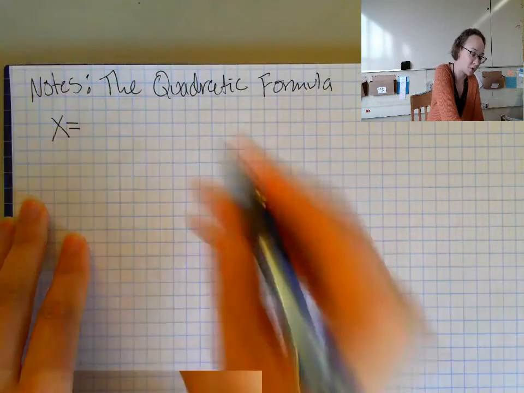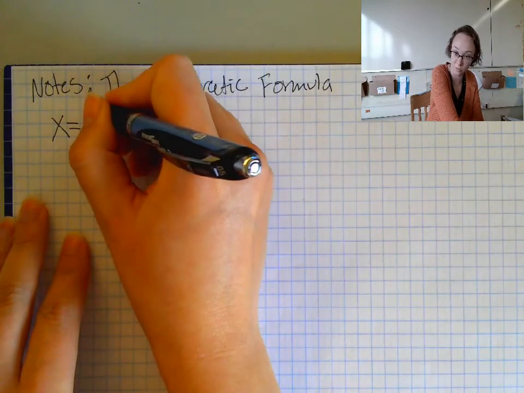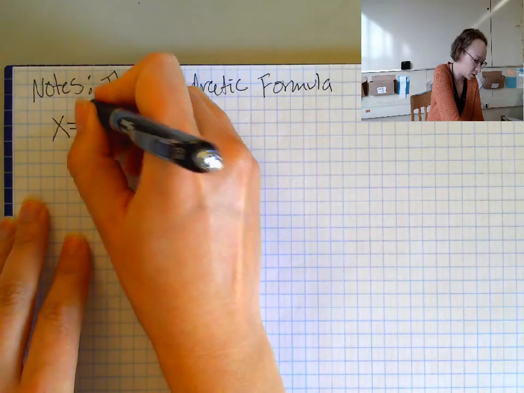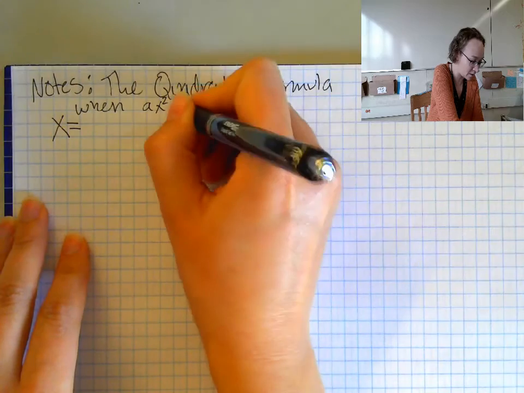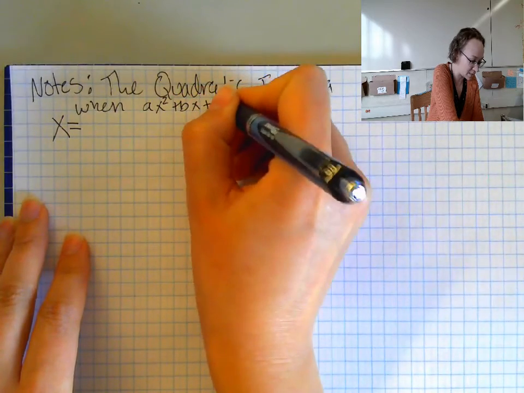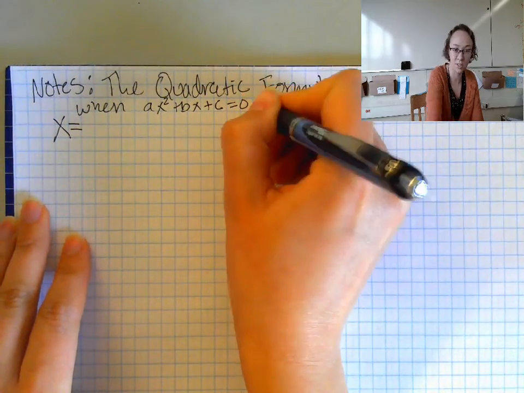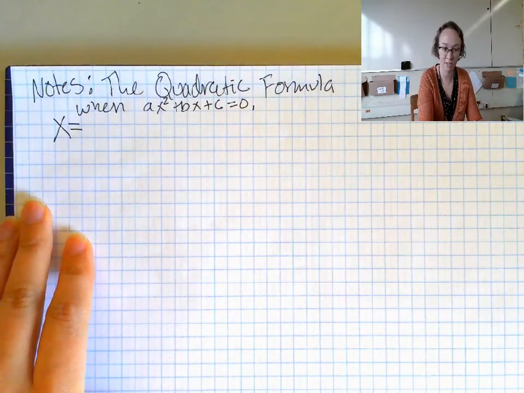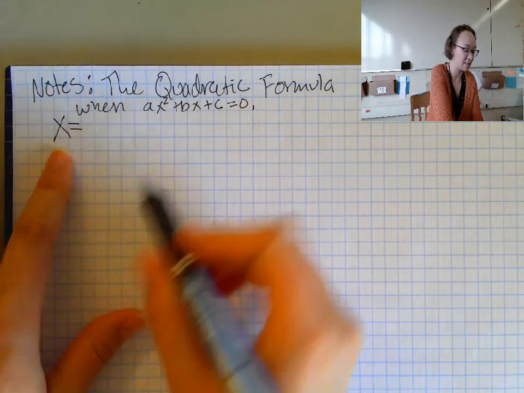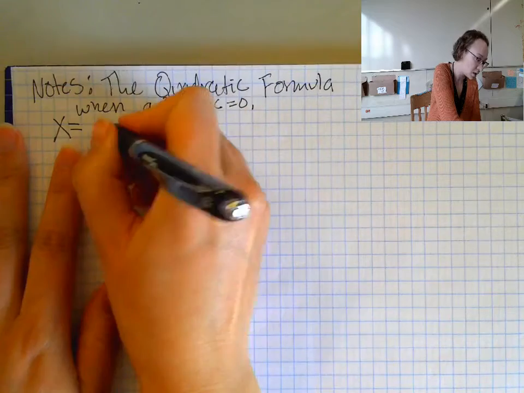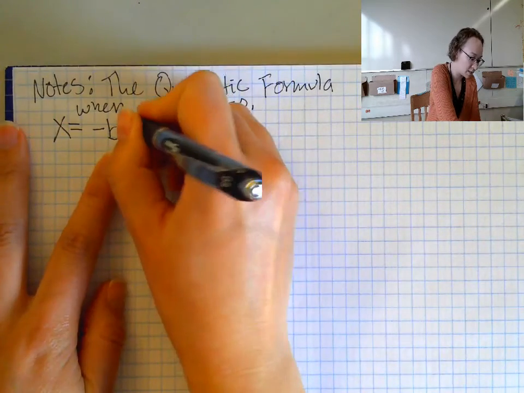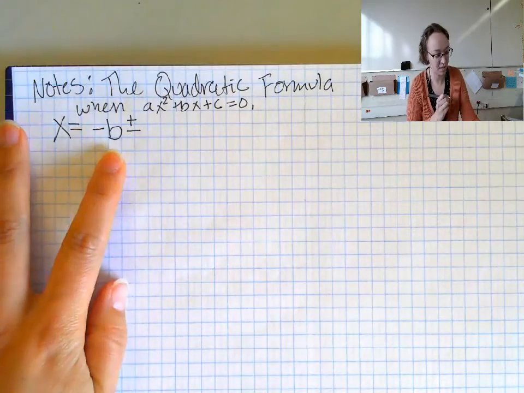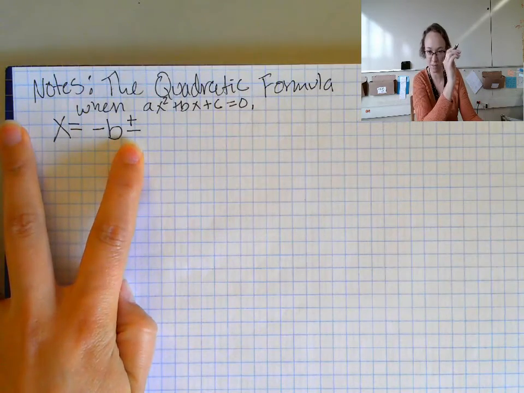All right, so first of all, you have to have an equation where it equals 0, just like zero product property. So when it's written as ax squared plus bx plus c equals 0, the formula for solving for x is x equals negative b plus or minus. See how I write it as a plus on top and then a minus underneath?